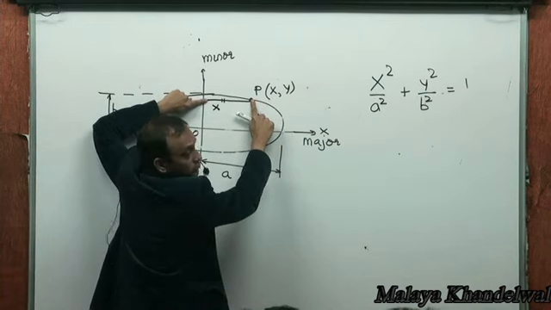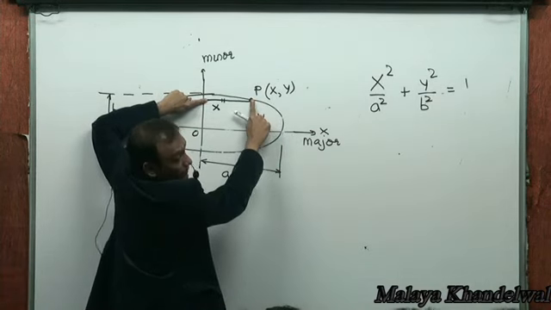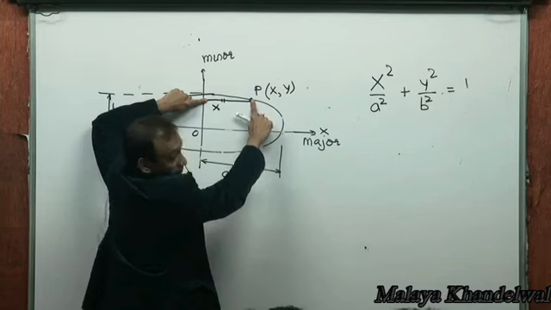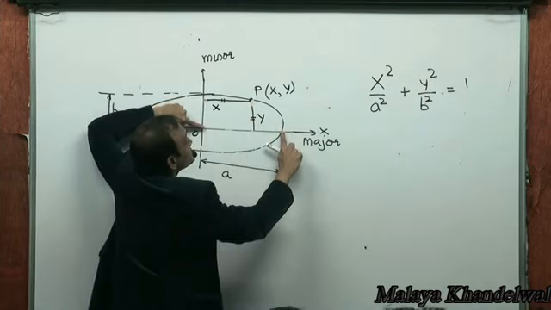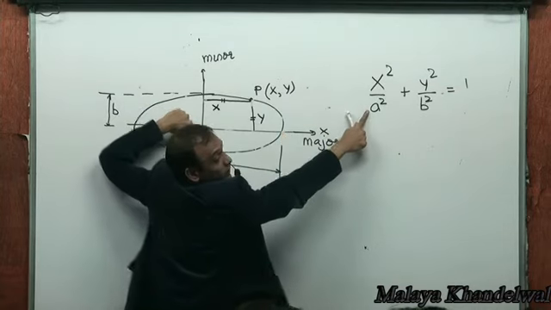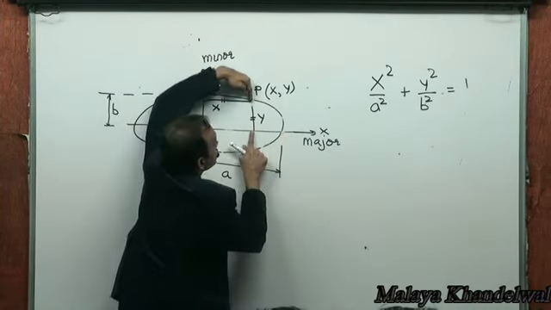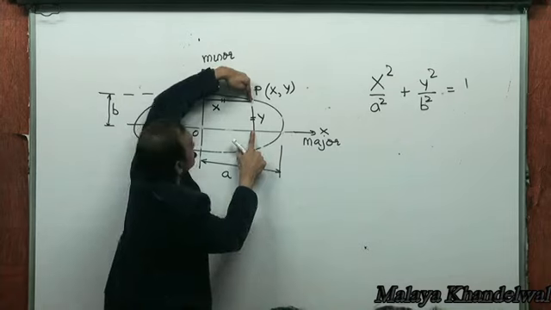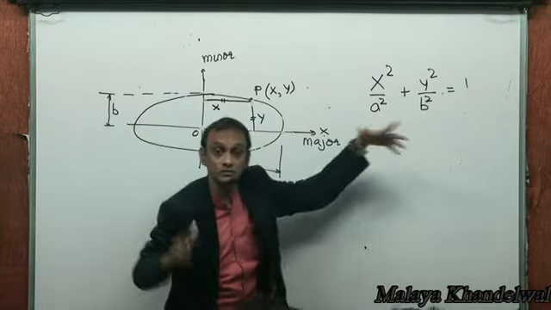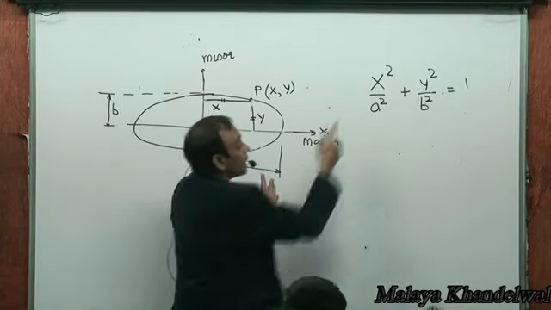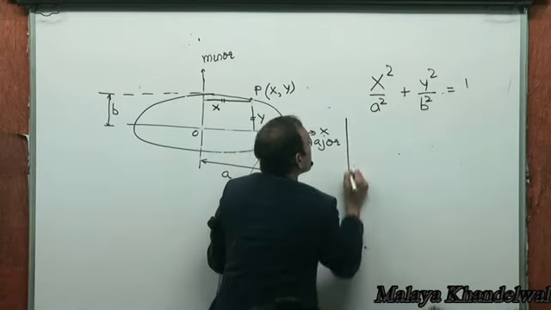This x squared means the square of the distance from the minor axis, isn't it? So it is the square of the distance from the minor axis divided by the semi-major axis squared, plus the square of the distance from the major axis by the semi-minor axis squared, is 1. That's how you want to read it. Yes or no?